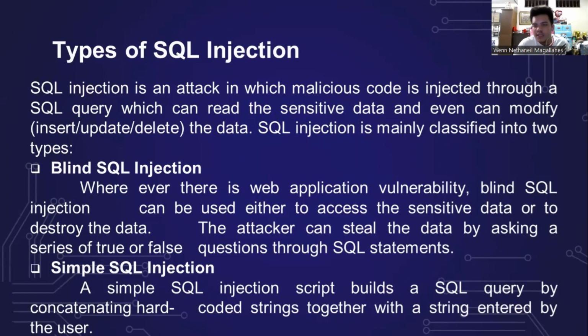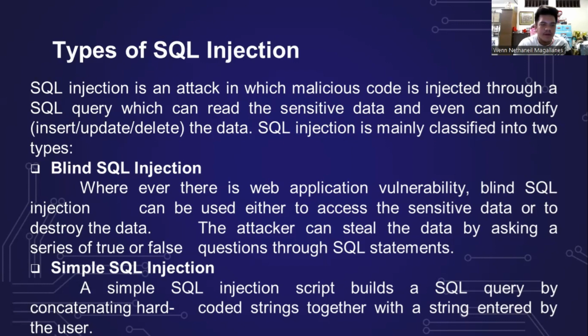The attacker can steal data by asking a series of true or false questions through SQL statements. So here in the blind SQL injection, as you can see, the attacker will ask a question through a SQL statement, a series of true and false.